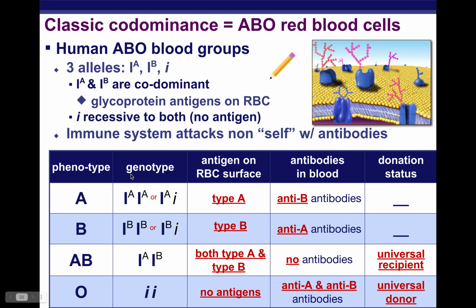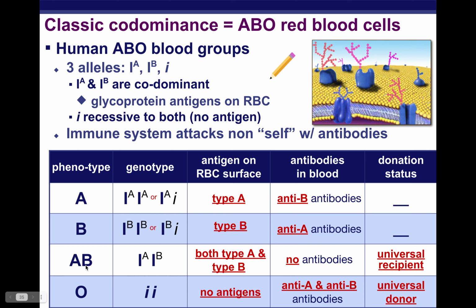If you're a type B blood, because you're dominant, you're going to express a type B protein on your surface, which means your body learns to ignore type B proteins, but it's going to also learn to attack any type A proteins. So type B people cannot receive any blood from anyone with a type A protein. Okay?